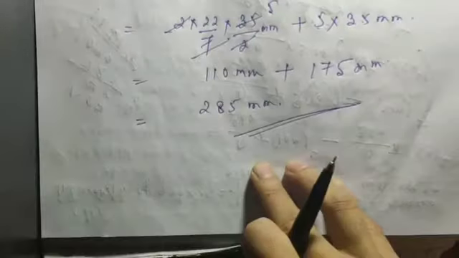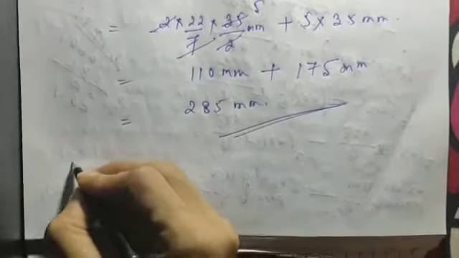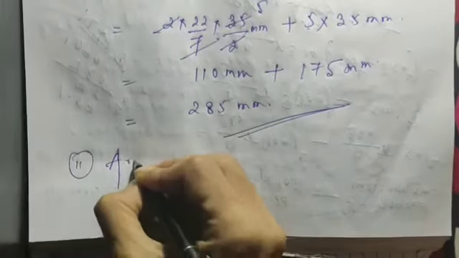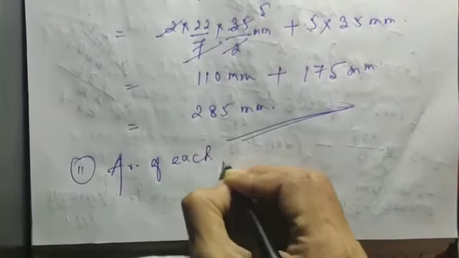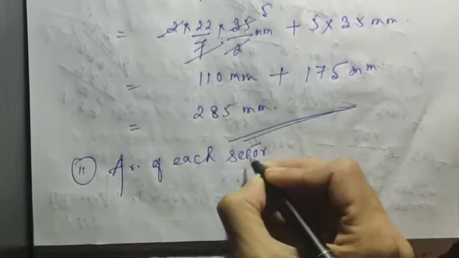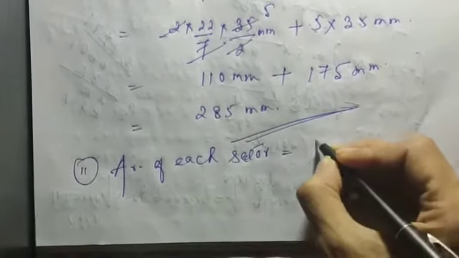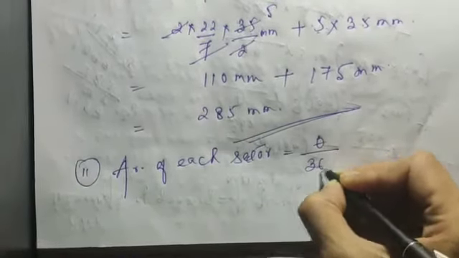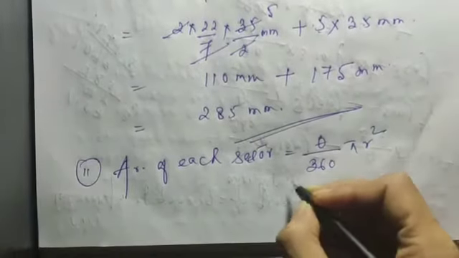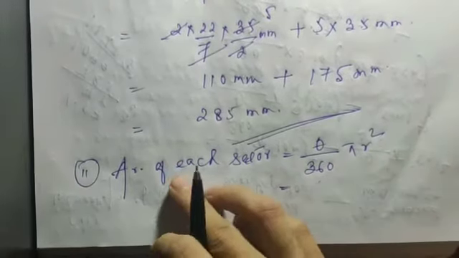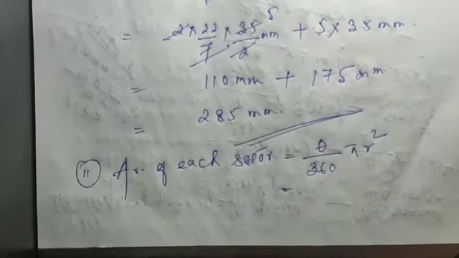The minor sector formula is theta by 360 pi r square, right? Here we have to know theta.